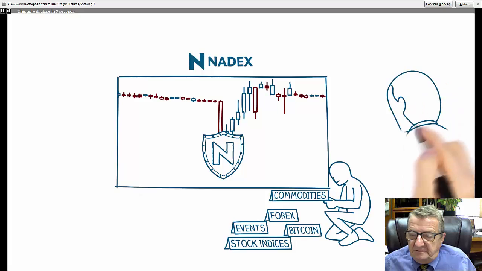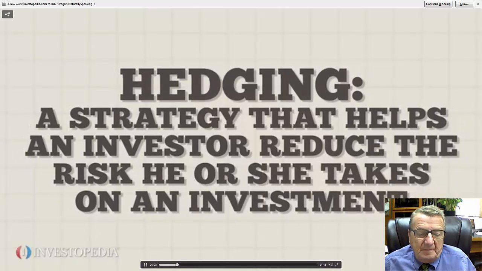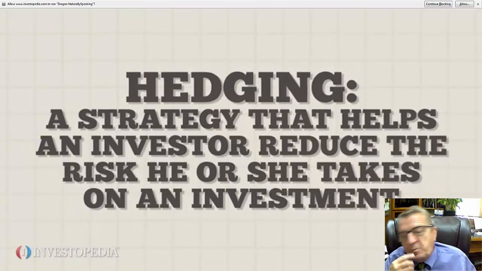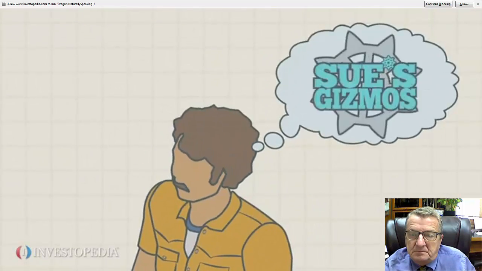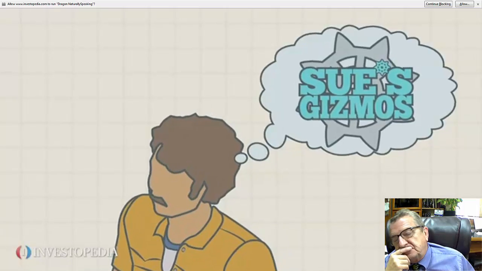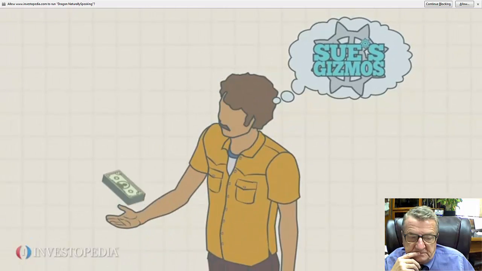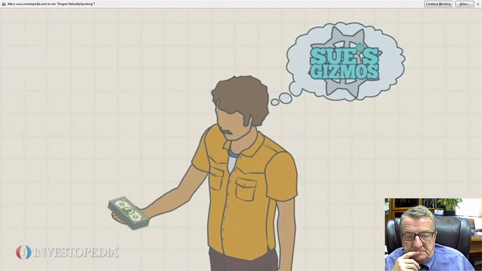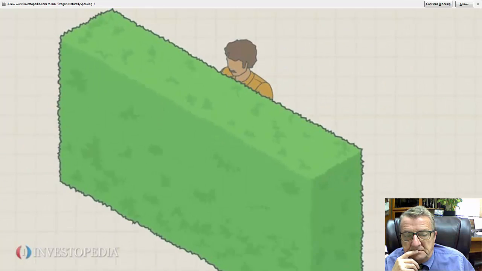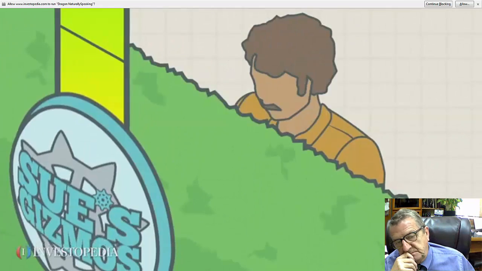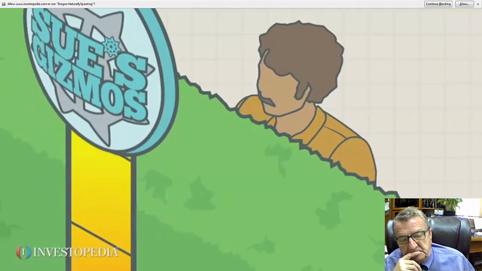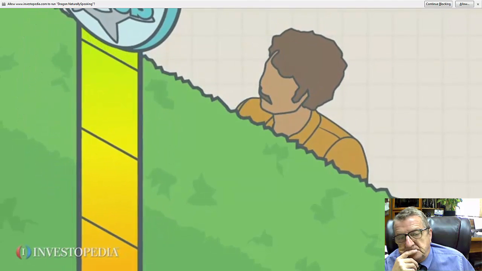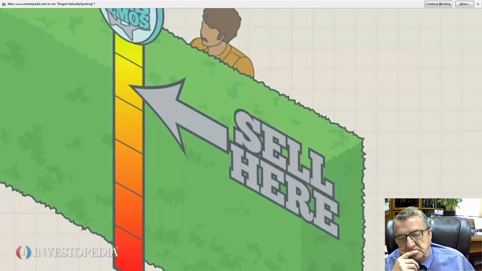Hedging is a strategy that helps an investor reduce the risk he or she takes on an investment. Joe wants to invest in Sue's Gizmos, but he isn't sure if the company will succeed and return a profit on his investment. He purchases a put option, which acts as insurance and gives Joe the right, but not the obligation, to sell his stock in Sue's Gizmos at a predetermined specific price.